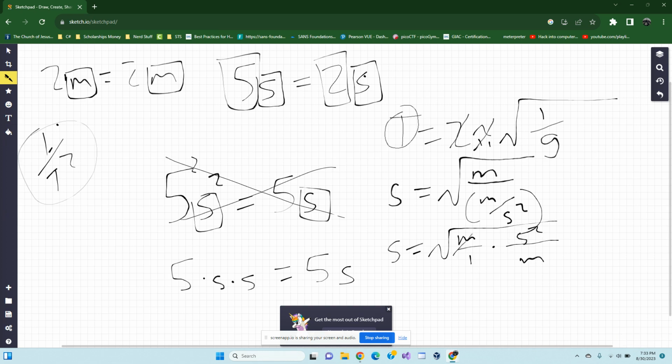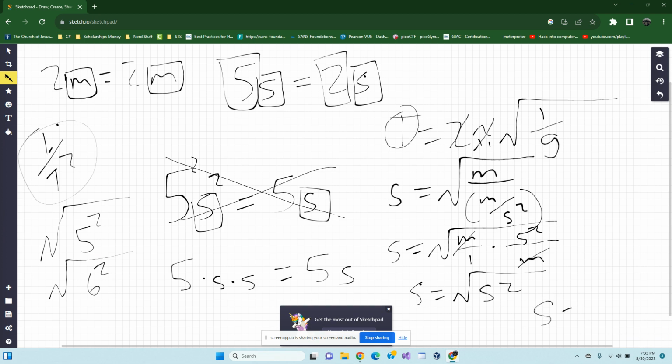So our m's cancel out here, leaving us with s equals the square root of s squared. If I have the square root of 5 squared, that's going to be 5. If I have the square root of 6 squared, that's going to be 6. So the square root of s squared is s.